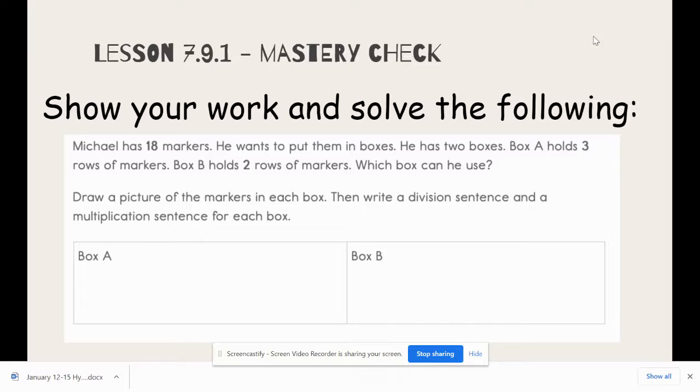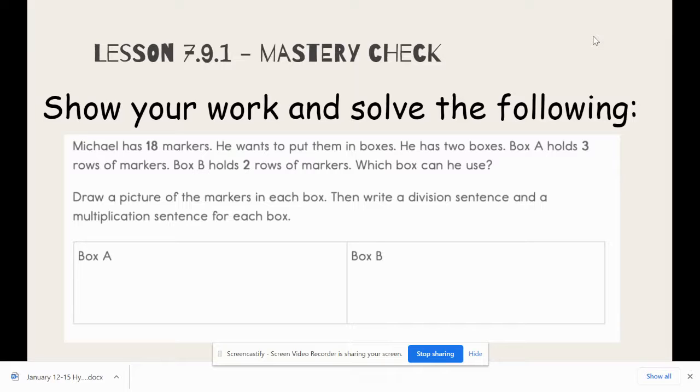So, friends, this is very similar to the problem that we just practiced in the video with the albums. So you might want to start with repeated addition to see which sentence will work. Will you be able to put 18 markers evenly into Box A, which holds 3 rows of markers?